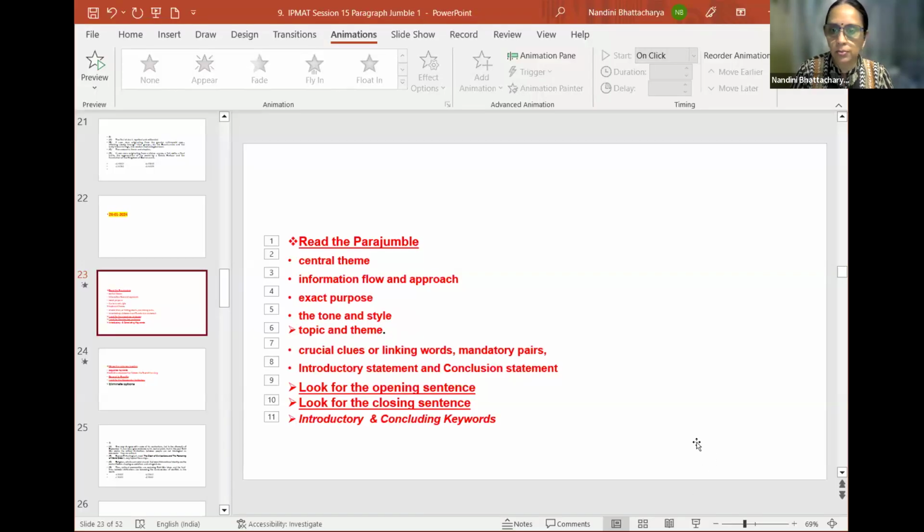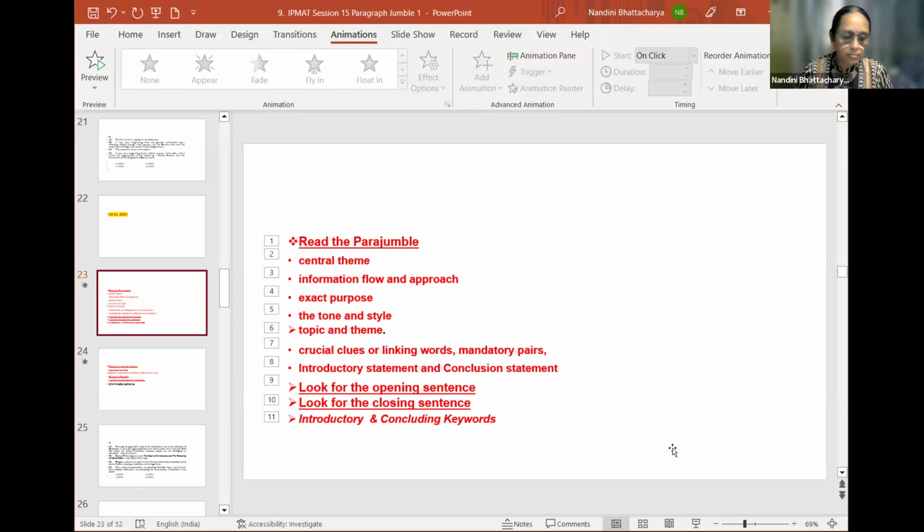Shashwat wasn't there for the para jumble session. Do you have any idea what para jumbles are about? Okay, so I will go on to doing some exercises so you can get to know what we are talking about. And you will go through whatever you have missed so that you are not blank on it.